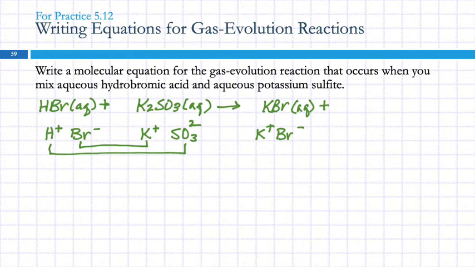And then we've got H plus and SO3 2 minus. So that's going to be H2SO3. This is one of those guys, one of the unstable ones.